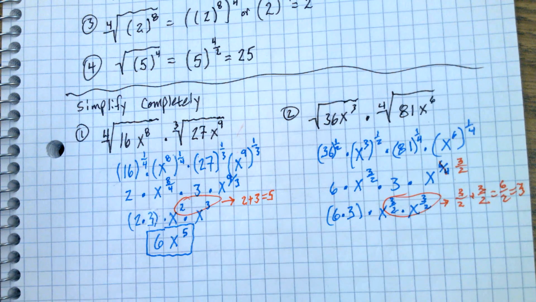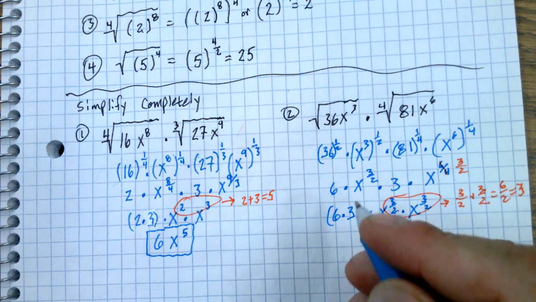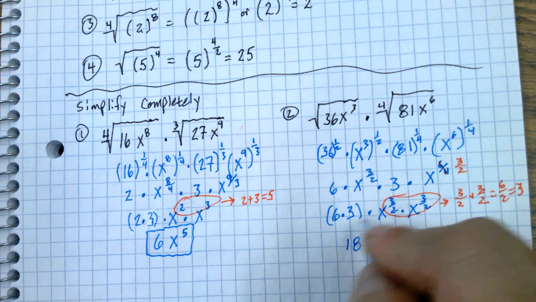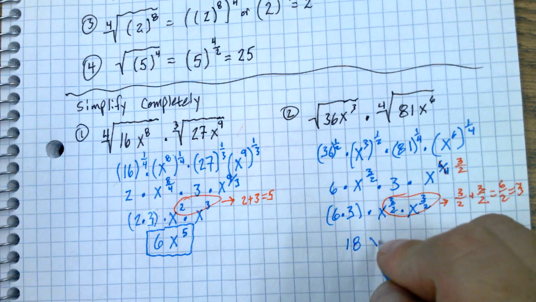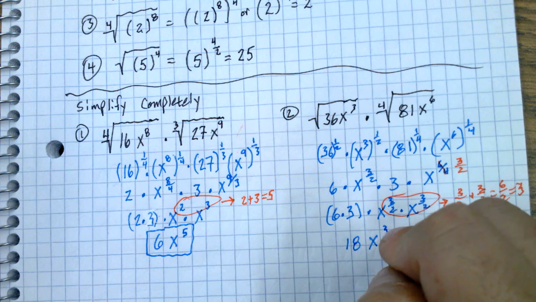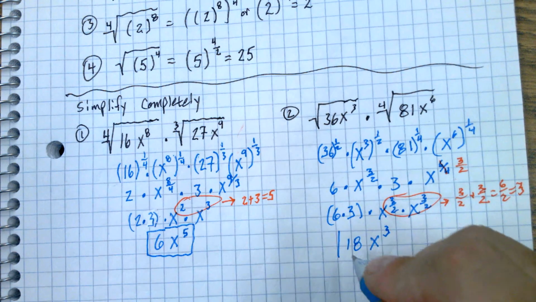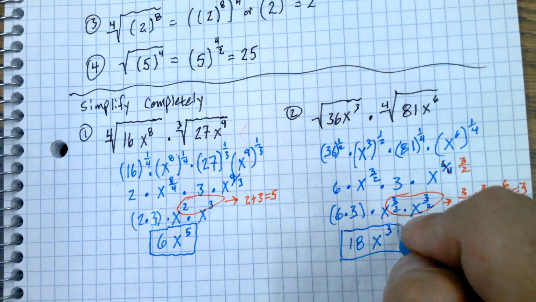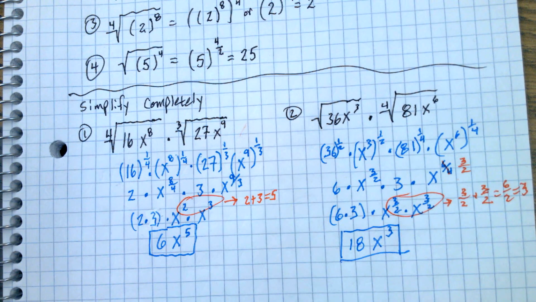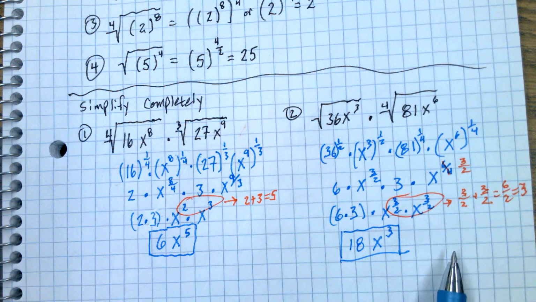So now we have our final answer, 18 from that, x to the 3rd power. Okay. So my point is just take it step by step. We got to be up on our fractions, but it's simple stuff like this.